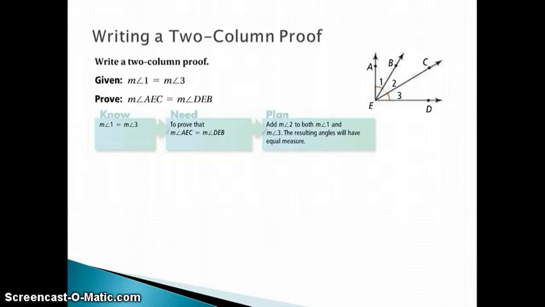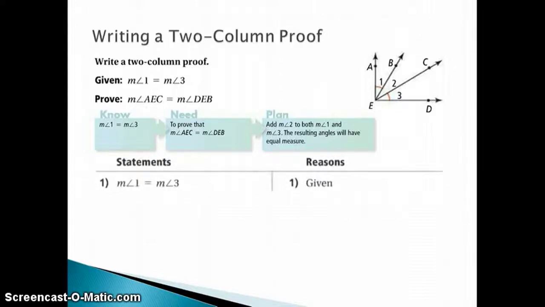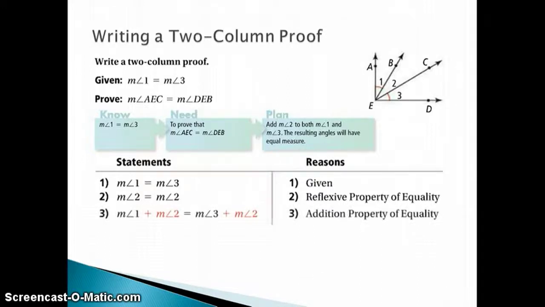Okay, the first statement is what's given to us, remember 3 points. Second one, we say measurement 2 is measurement 2. We know that for sure. And we also know that measurement 1 plus measurement 2 will equal measurement 3 plus measurement 2 because they're the same thing, right? Measurement 1 is the same thing as measurement 3, measurement 2, measurement 2.